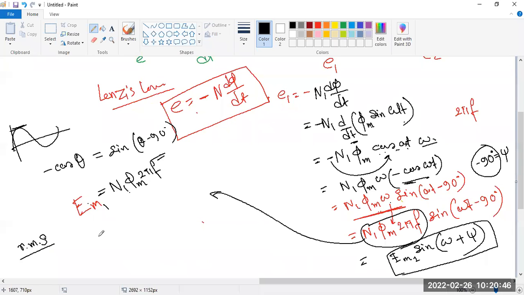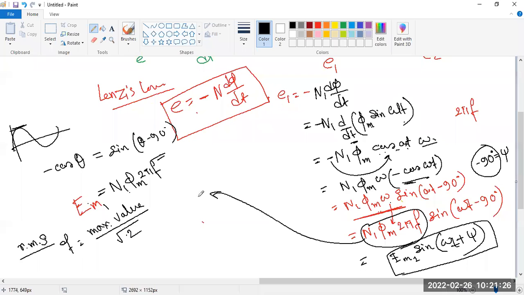So the RMS value of the EMF is EM1 sin omega t plus psi. Omega t should be there, thank you. And RMS means the maximum value divided by root 2.